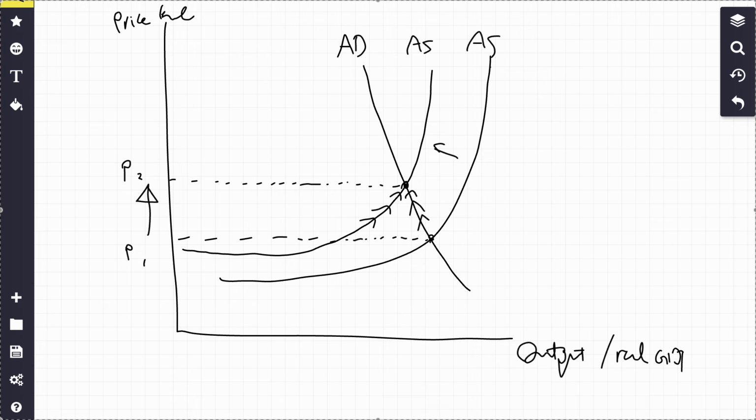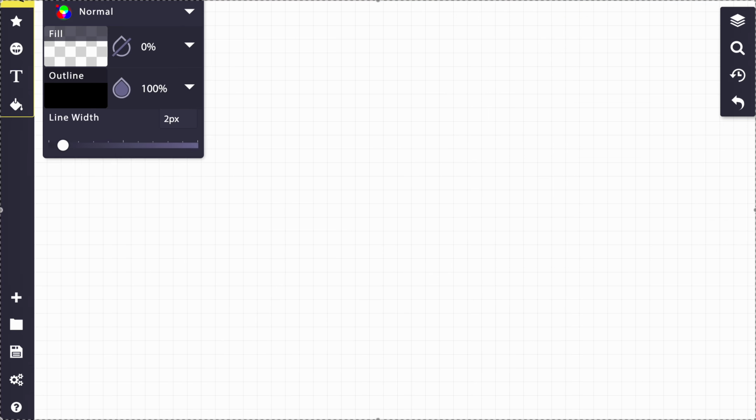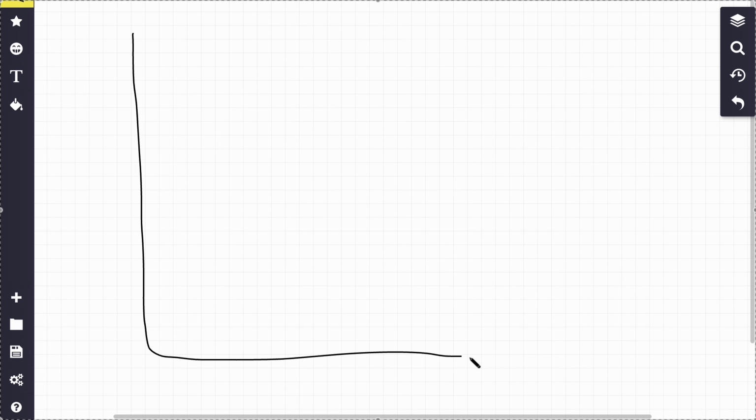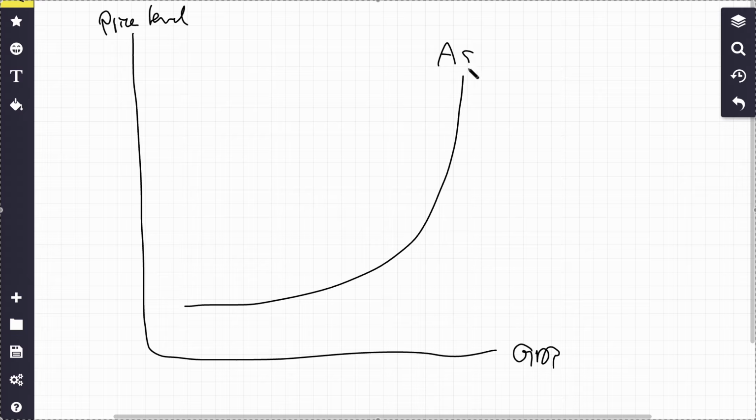And let me draw that, and this would look a bit more unique from the previous ones. So we have GDP, price level, and we have the aggregate supply curve. Okay, and we have aggregate demand.